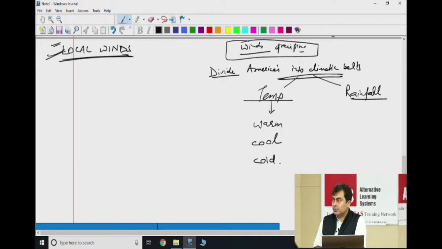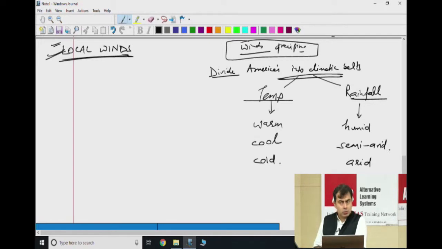Do we get that? Okay. I want America to be called humid if it is humid. If it is dry, I would want it to be called arid. And if it is midway, I want it to be called semi-arid.